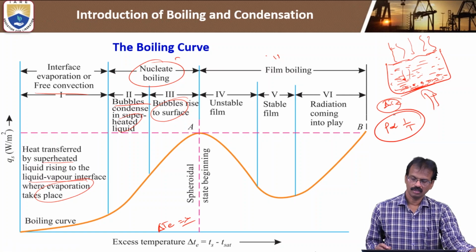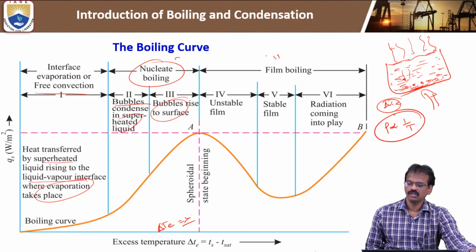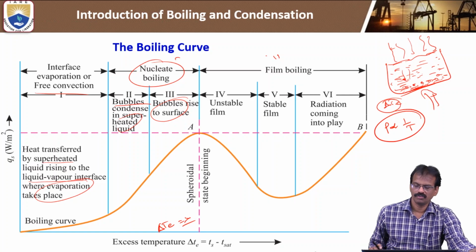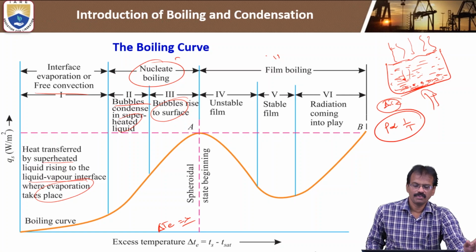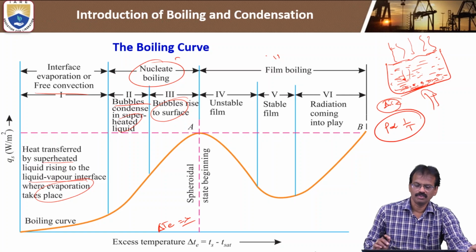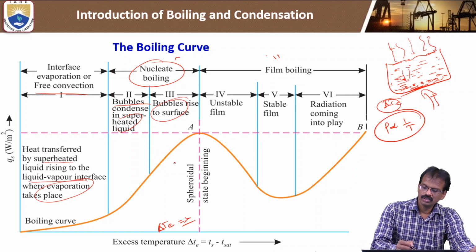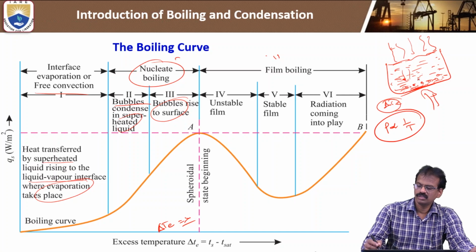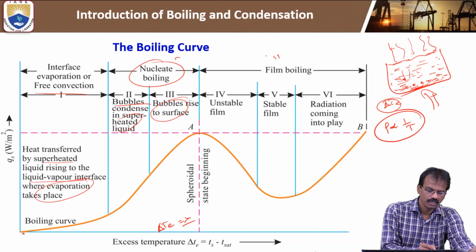This is the rapid movement of bubbles. Automatically you will see mixing of the fluid, and vaporization, the conversion of liquid into vapor, occurs rapidly. So in this case, the heat transfer rate gradually increases from the starting point through convection.